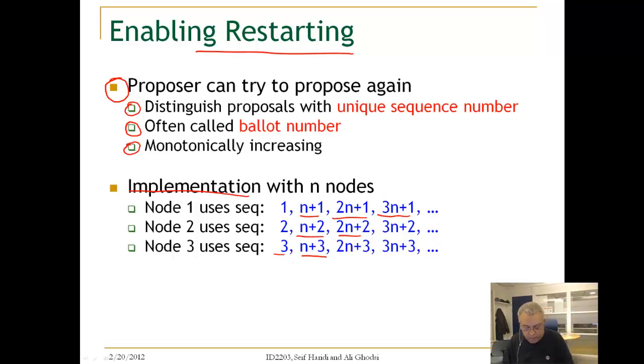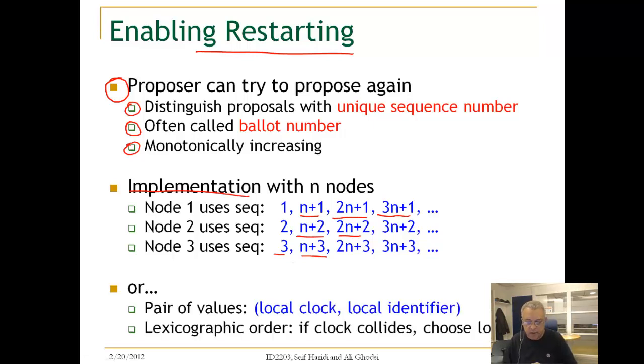Another possible implementation is to say that the ballot number, or sequence number, or proposer number, is a pair which has the local clock plus a node or process identifier. We assume that the local clocks of the different nodes are loosely synchronized. It doesn't matter if they are not exactly synchronized.